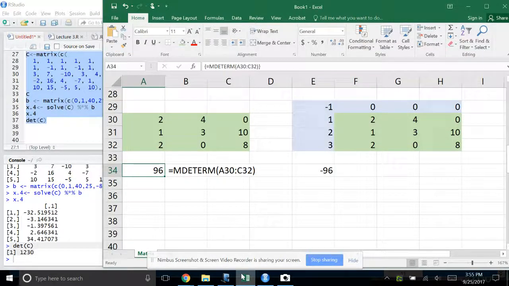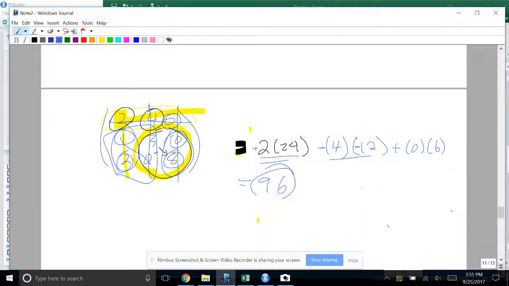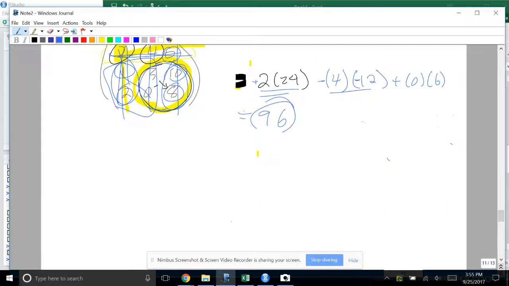All right, so now what this algorithm looks at is we have a case where we start off with this 2 by 2, and then we break it down into areas. So if we write this out as a 4 by 4, let's make it a negative 1, 0, 0, 0, 1, 2, 3, and then I have the same values as the first time: 4, 2, 4, 0, 1, 3, 10, and 2, 0, 8.